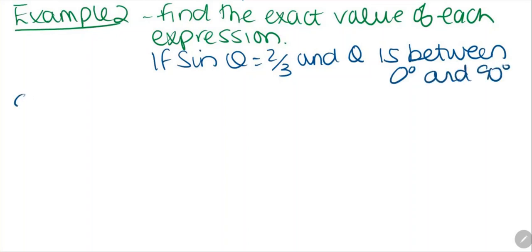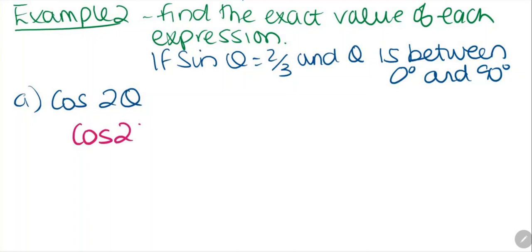So we're asked to find cosine of 2 theta. To do this, we're going to look at the double angle identities. For cosine 2 theta, we're going to use the 1 minus 2 sine squared theta one because we know sine. And we can substitute in the values.